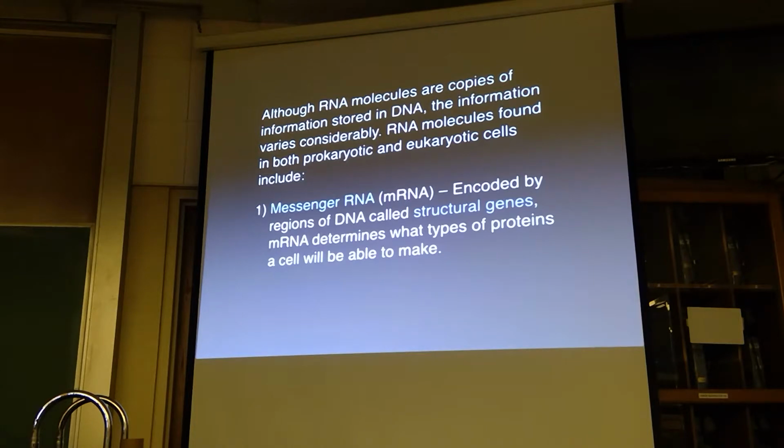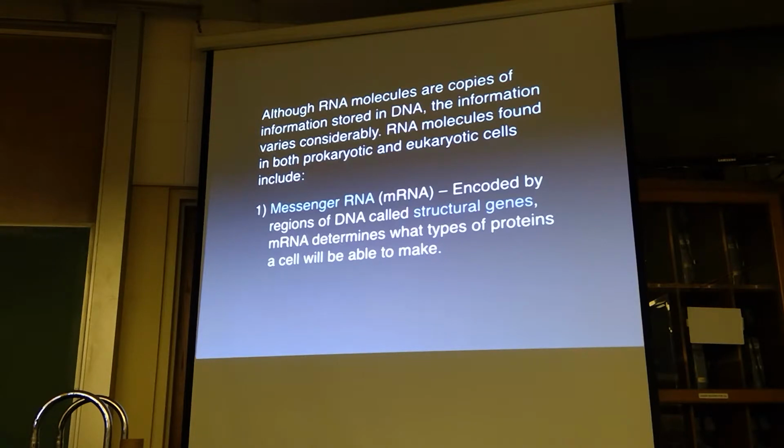Typically, RNA molecules are designated different varieties by a single letter in front. There used to be a single small letter and a dash in front of the RNA. They've taken out the dash now, so messenger RNA is just small m RNA. Messenger RNA gets its name because it carries the message telling the cell what protein to make. It's a copy of segments of DNA that are called structural genes.